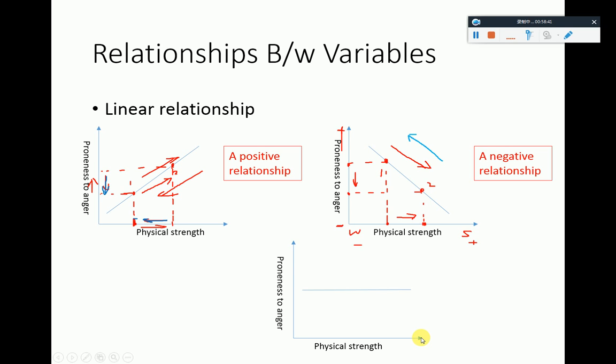Why does this make sense, right? It's because, again, we can designate two points on this line, point 1 and point 2. So again, we say, well, what if we are moving from point 1 to point 2? That means we're getting stronger and stronger, right? Let's say this weak, this strong, right?